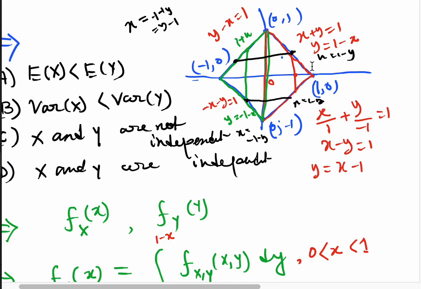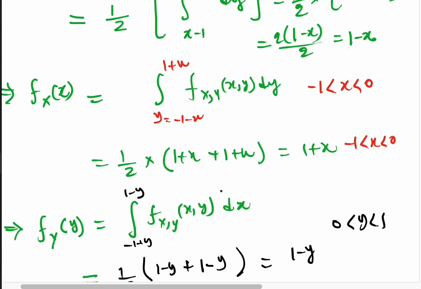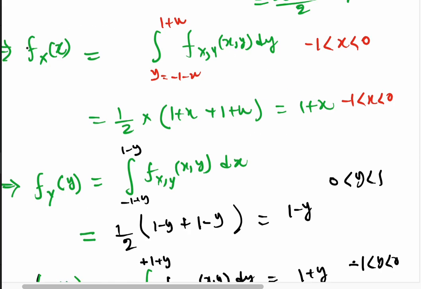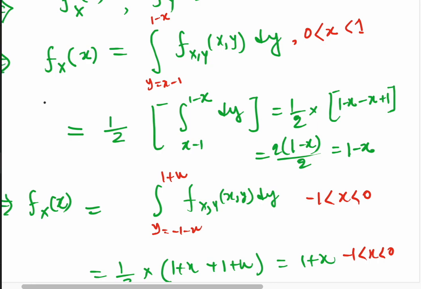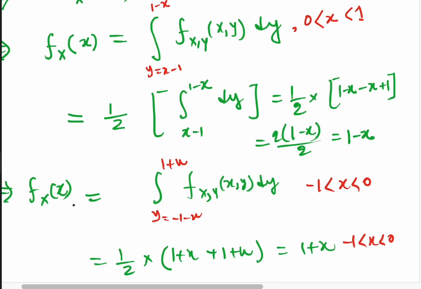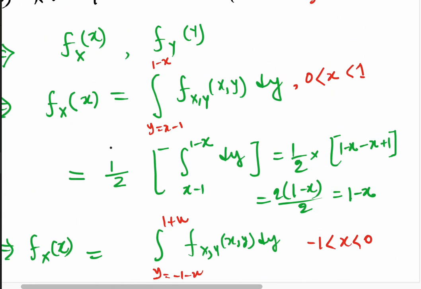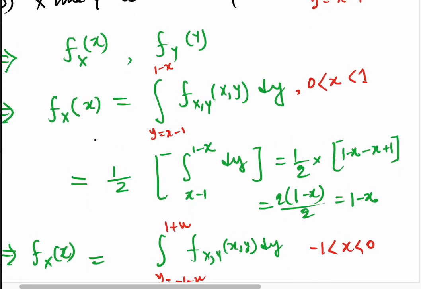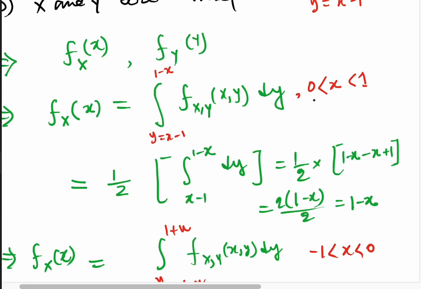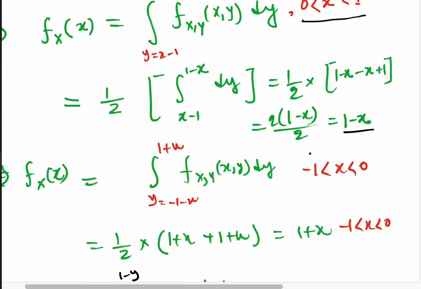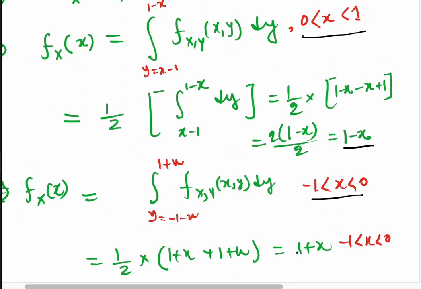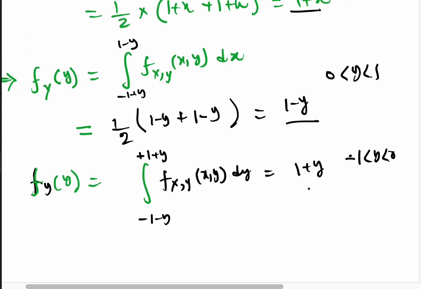Now you see the distributions of fx and fy are the same: for x between 0 and 1 it is 1 minus x, and in -1 to 0 it is 1 plus x; similarly for y.